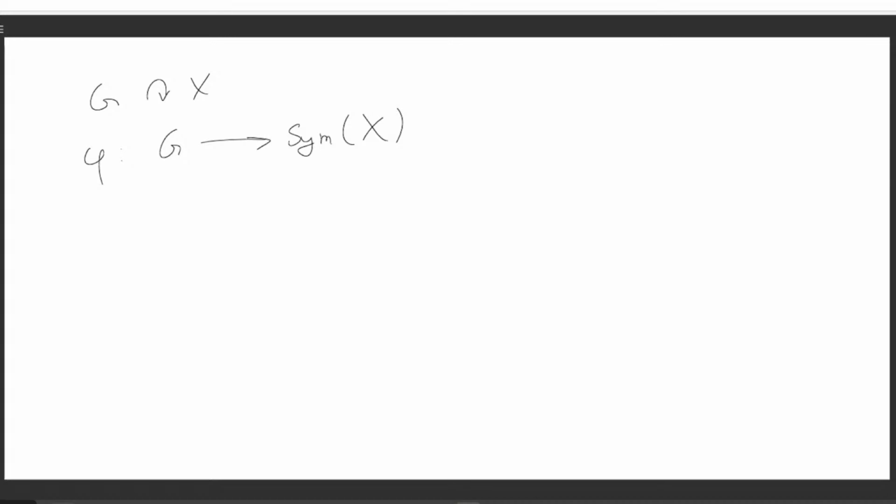Why? Because here what you're doing is corresponding to every (g, x), you get this g dot x in X, correct? So what you do is you define g going to, let's say, some pi g, which is defined as follows.